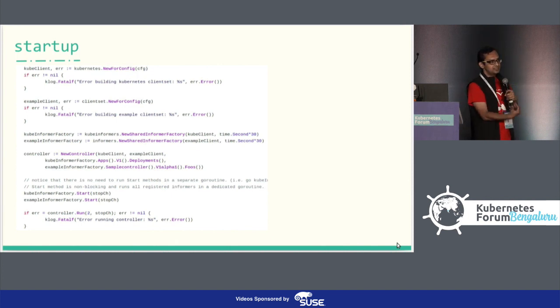So what is the client set? Via a client set, we can make CRUD API calls. We can consume the APIs that Kubernetes exposes. For example, we can do a get of a pod or a list of pods. And similarly, the moment we apply our custom resources, the same native client won't work. We have to have our own client.